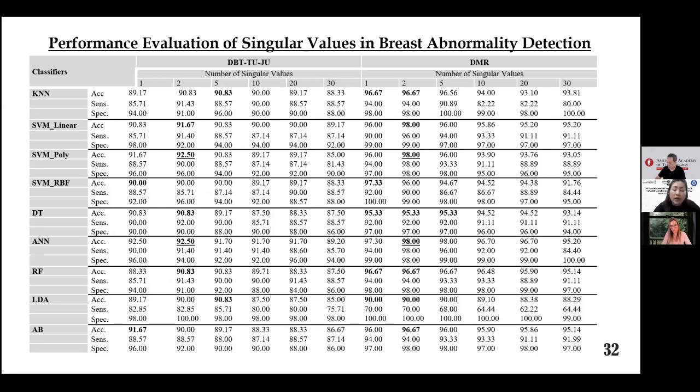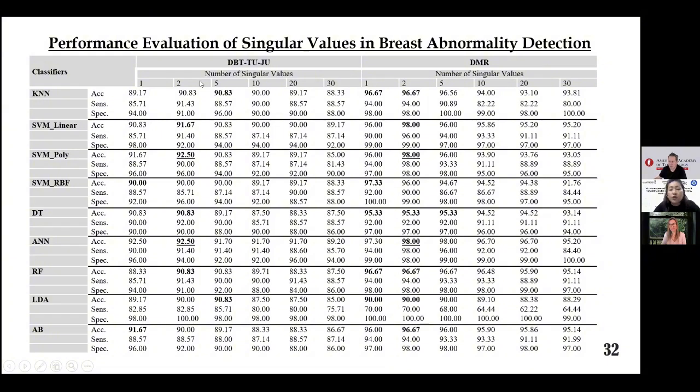And I found that instead of 20 singular values, only 2 singular values are sufficient to classify the abnormal thermograms from the normal thermograms. In the statistical, intensity-based or temperature-based analysis, I had taken 13 features. But here, only 2 features are sufficient to get the same amount of accuracy using the AI methods.